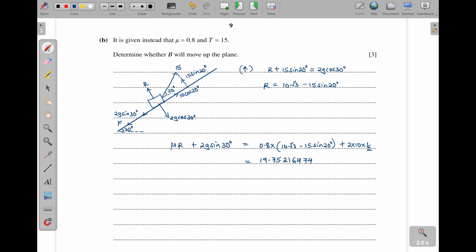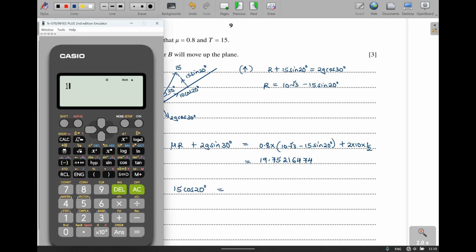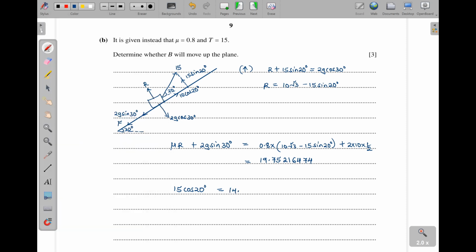Now let's look at 15 cosine of 20. What does it give us? 15 cosine of 20 is 14.09538. Now, since this force here is less than this value here, that means the particle cannot move up the plane. This one is bigger than this one.